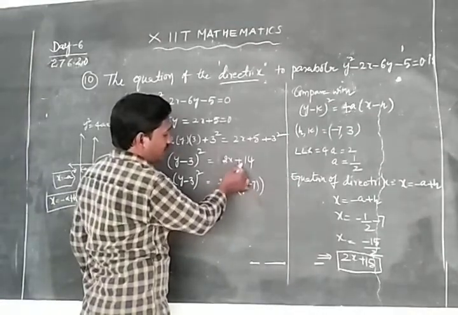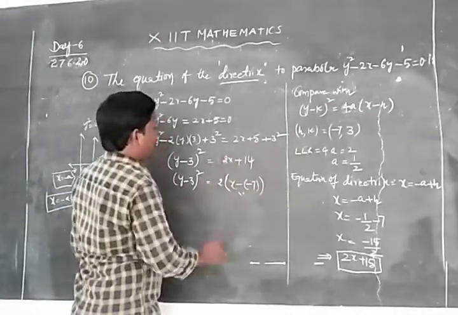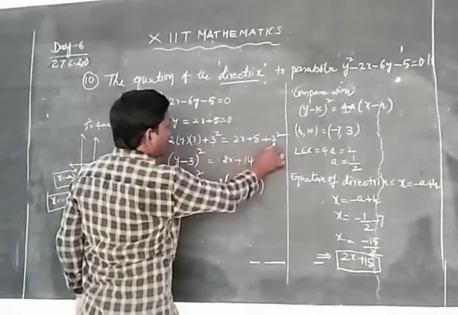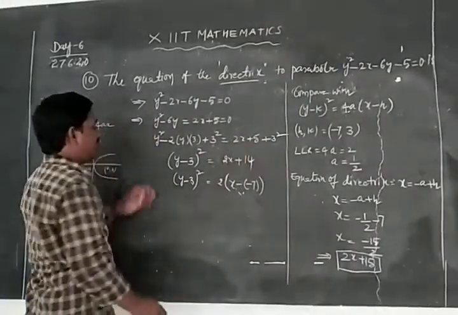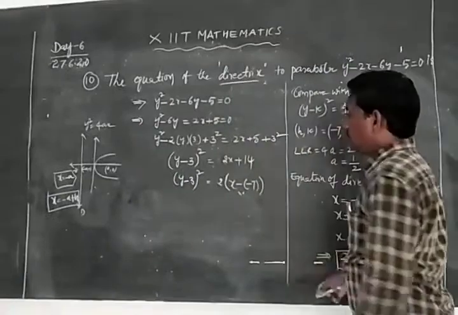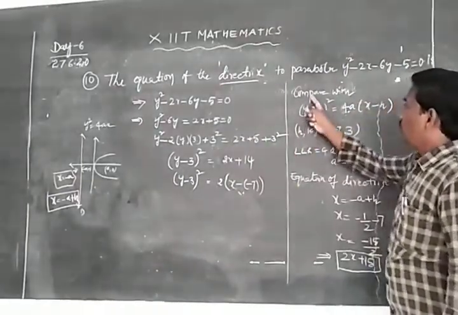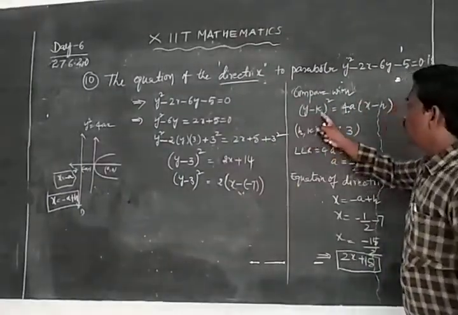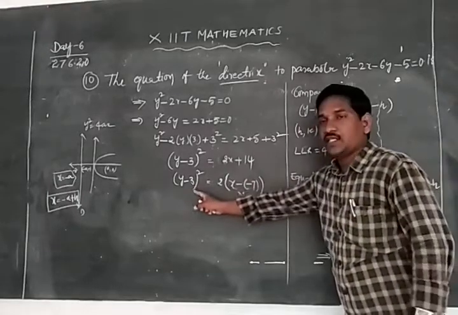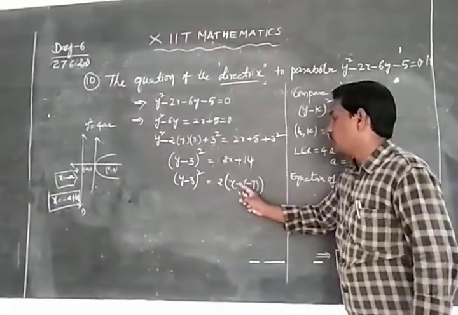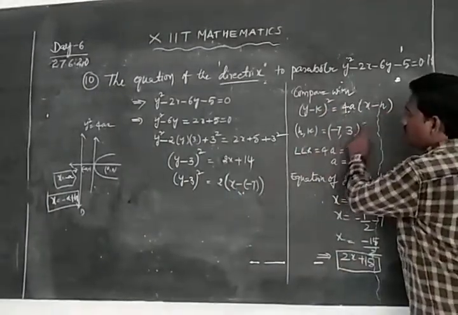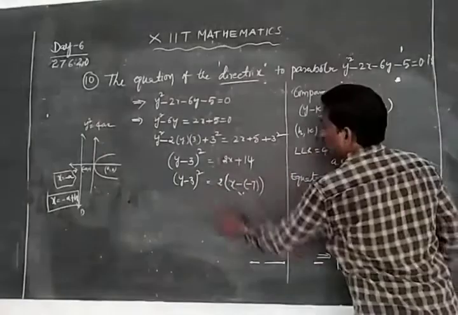Because minus into minus plus, 2 sevens are 14. So 3 square should be added on both sides for simplification. Compare with y minus k whole square equal to 4a into x minus h. h comma k means minus 7 comma 3.